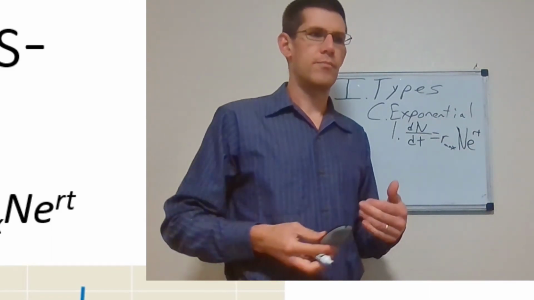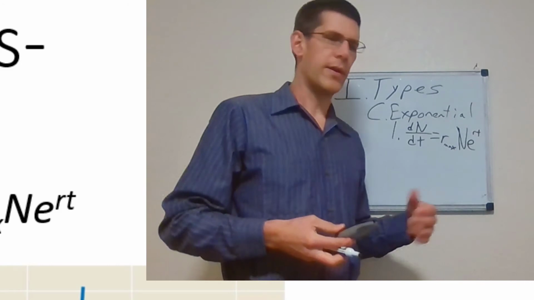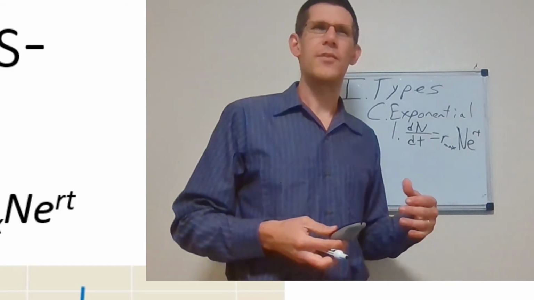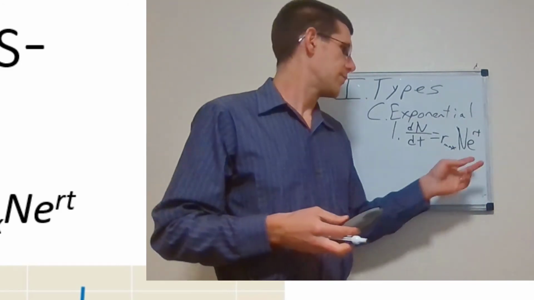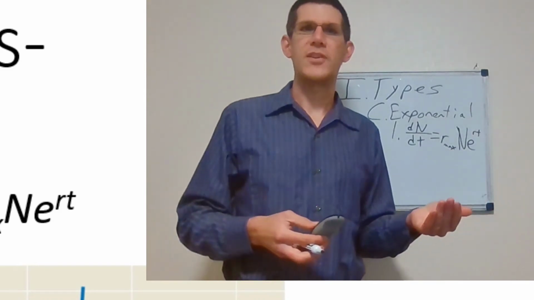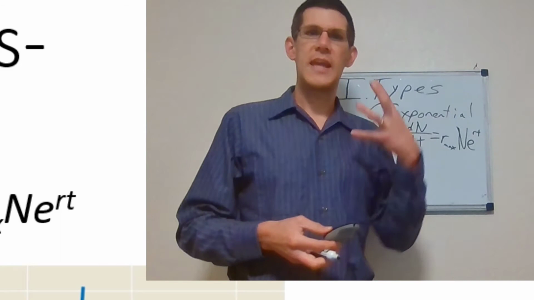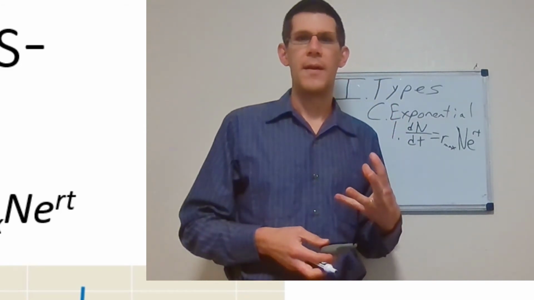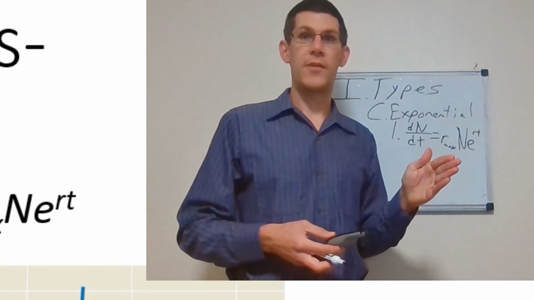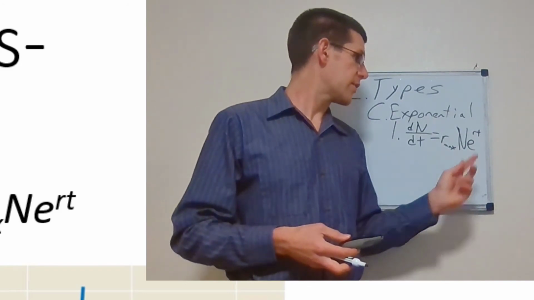So letters are numbers, 2.178 or something. That's been a little while, but it's your standard E. It's irrational, but R max can be whatever that population is capable of if it can make as many offspring as it wants. N is your original population size.